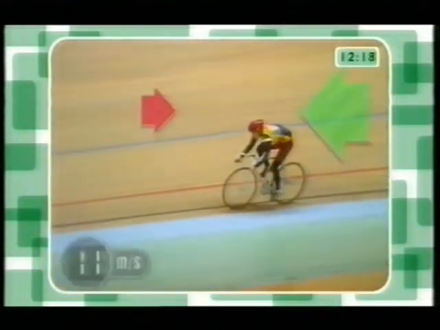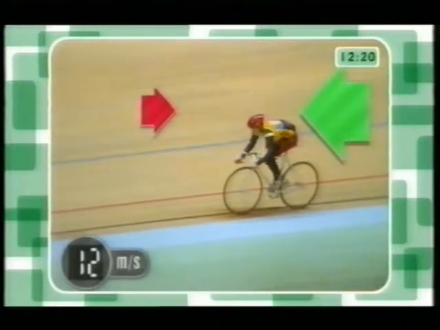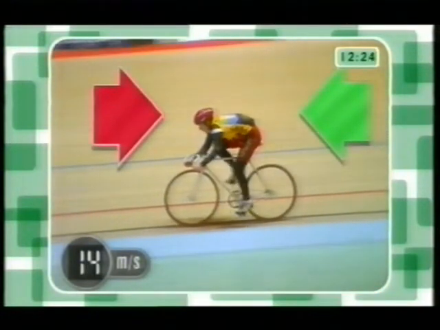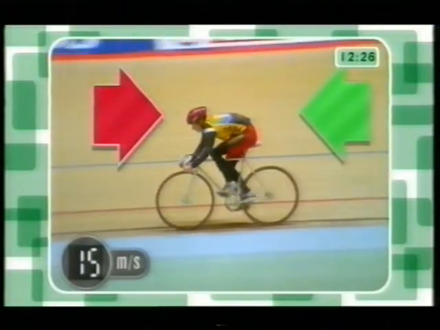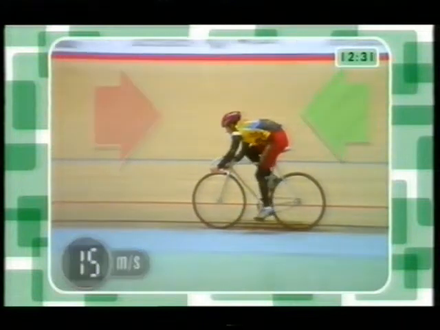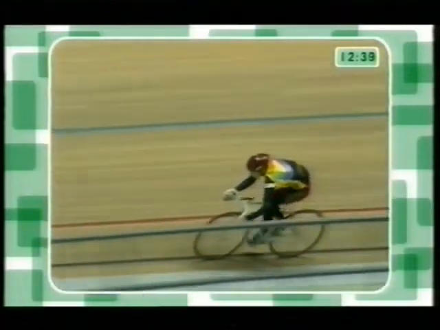The faster the bike goes, the greater the opposing forces. Eventually, the forces are balanced again and the cyclist reaches a new constant speed. To get faster, she's got to keep making the forward force bigger than the backward force.